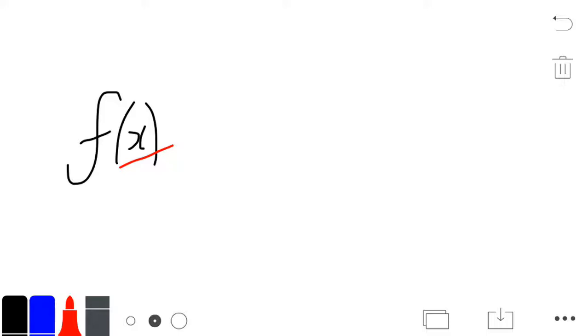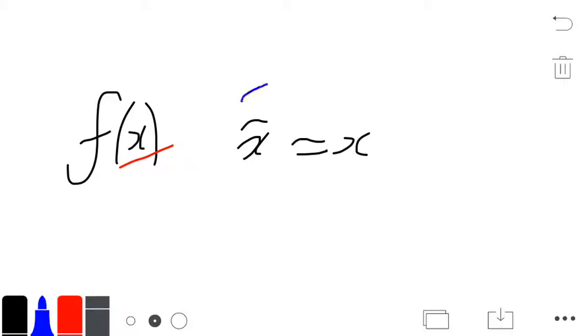And if we assume that x tilde is an approximation of x, then how do we assess the discrepancy between these two numbers?